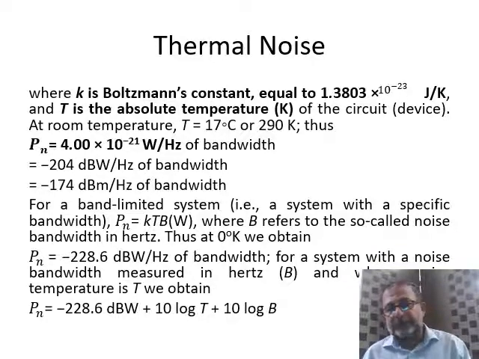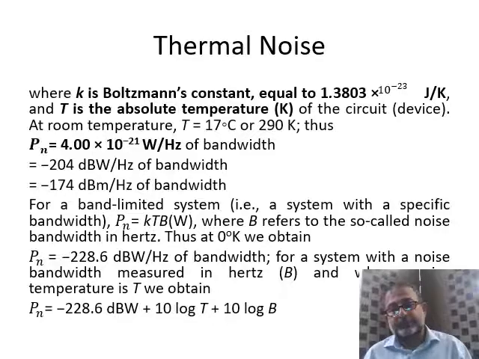For a band limited system, that is the system with specific bandwidth, Pn is equal to kTB, and this would be given in terms of watts, where B refers to the so-called noise bandwidth in hertz. Thus, at 0 degrees Kelvin, we obtain Pn is equal to minus 228.6 dBW per hertz of bandwidth for a system with a noise bandwidth measured in hertz, which is B, and temperature T in degrees Kelvin.